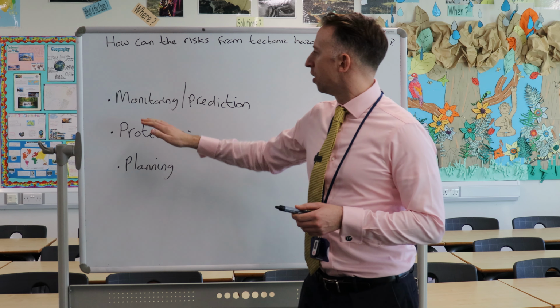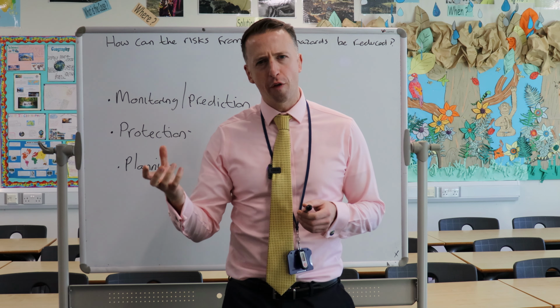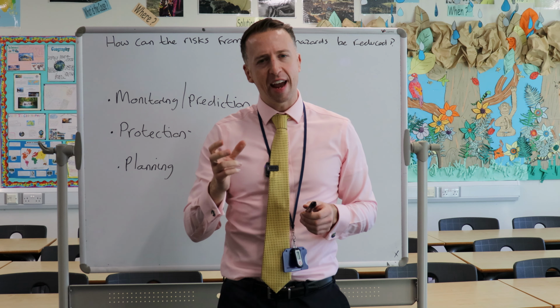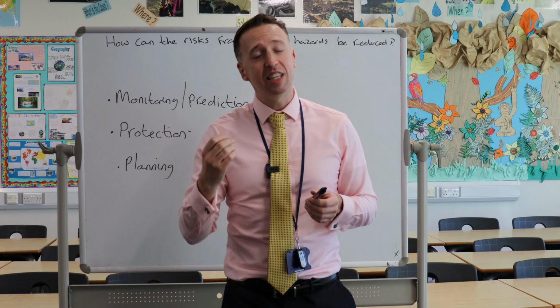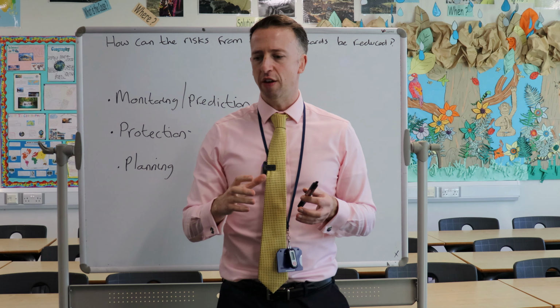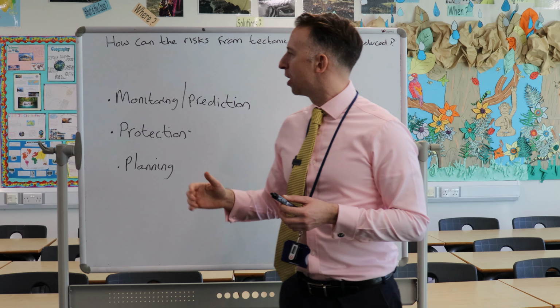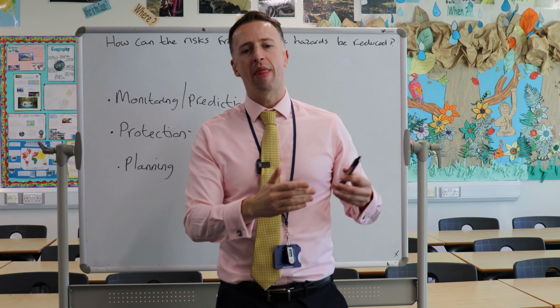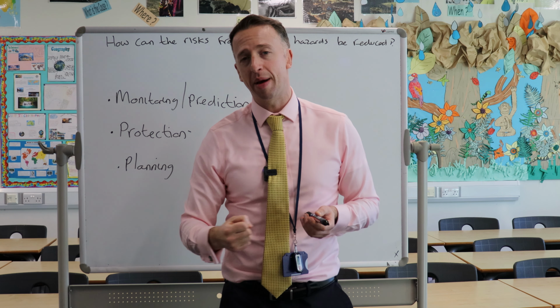For example, we can use seismographs to detect any earth tremors or earthquakes around the volcano, using instruments to detect changes in gas and water chemistry, and using tilt meters to see changes in ground deformation. We can also use historical data of past eruptions to give us an indication of when the next eruption is about to take place.